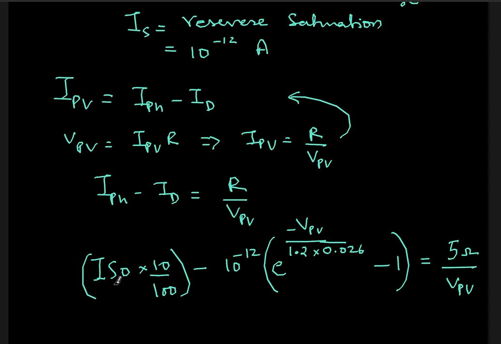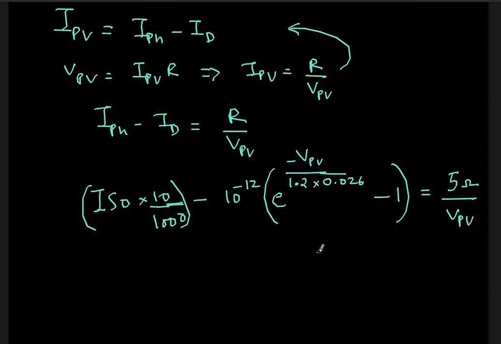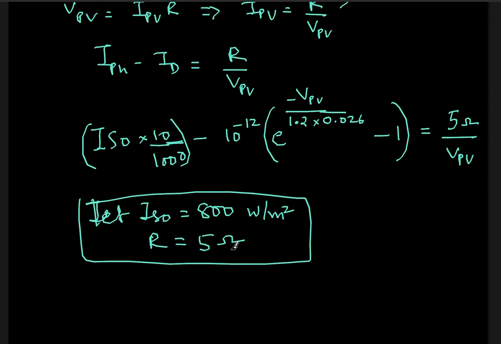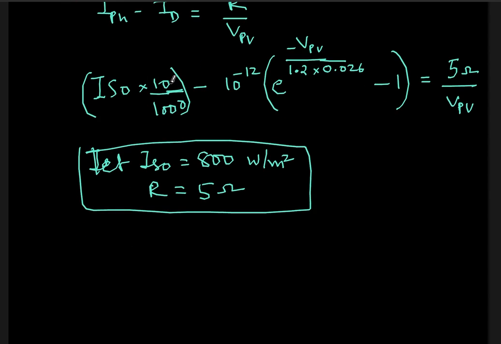So let's say initially my insolation ISO equals 800 watts per meter square and R equals 5 ohms. If I make these assumptions, then this will be 800 into 10 by 1000, so this will be 8 amperes.